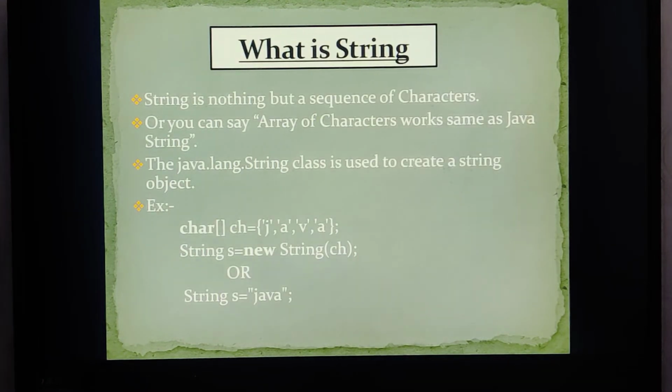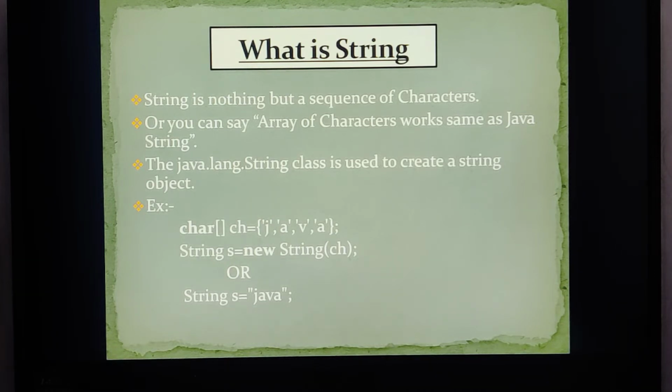So let's start. What is string? String is nothing but a sequence of characters, or you can say a group of characters or an array of characters. Please see the example.